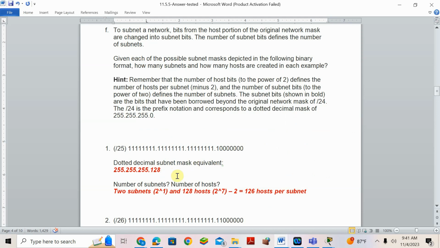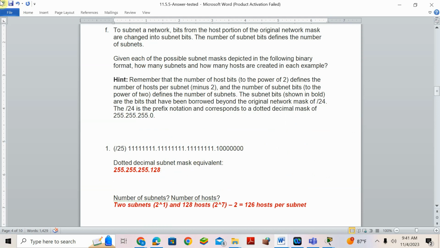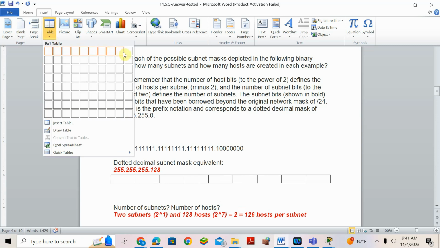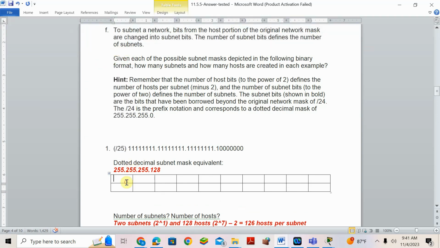So here I will just draw a table. Insert table, for the 8 bits.